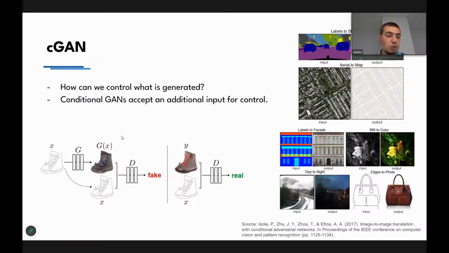This is why we call them conditional GANs. And the condition is given both to the generator and the discriminator. In this way, the discriminator can also check if the condition matches this image. And if it doesn't match, then the generator is not really conditioned on it, right? It doesn't really look at it. And in this way, you receive realistic images, but you can also control them.